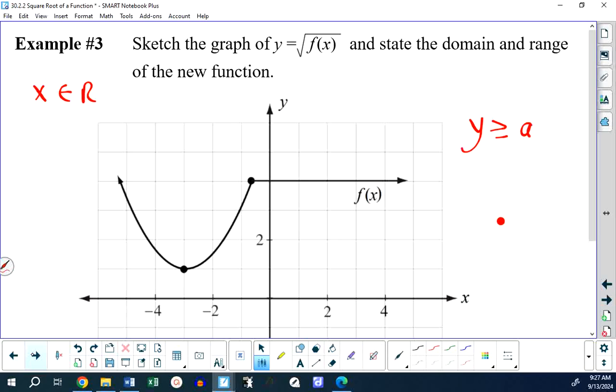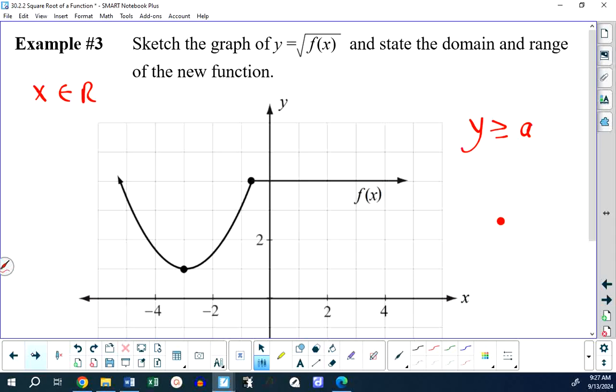Y will be greater than or equal to some number. The reason it's going to be greater than or equal to, and I'm trying to get you to think outside the box here, meaning in this context, not having to look at the graph to answer the question, not having to draw the square root of the function to answer the question. This original function on the left-hand side goes up forever.